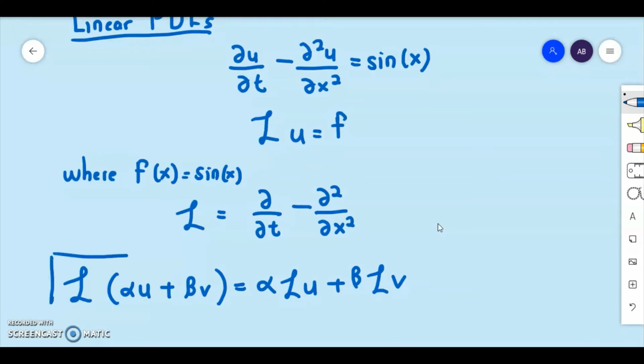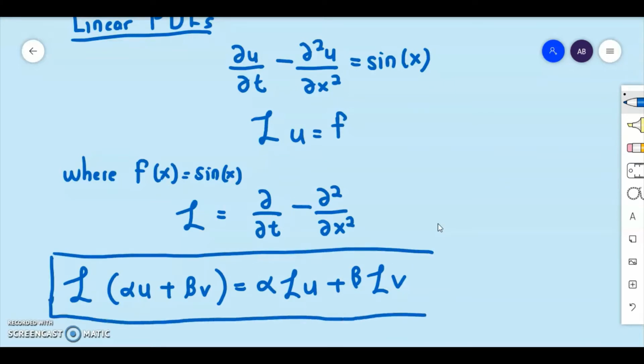These are my linear terms to check the linearity. So a differential operator L is linear if it satisfies this condition for all functions u and v and for all constants alpha and beta. So alpha and beta are constants, and u and v are the functions.